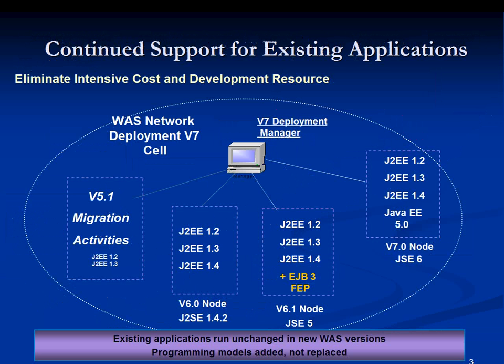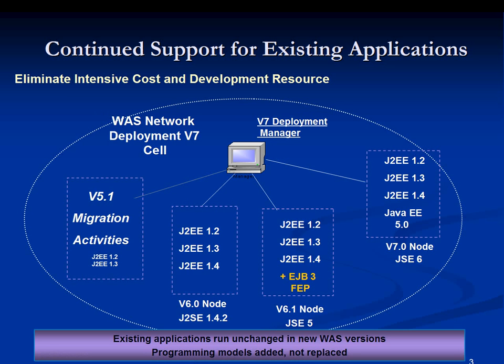Furthermore, as we look at our next slide, companies are still able to run their J2EE 1.2, 1.3, 1.4 applications in version 7. We brought all of those legacy containers up with us all the way into version 7 of the application server. We actually had many companies still running applications out of service.